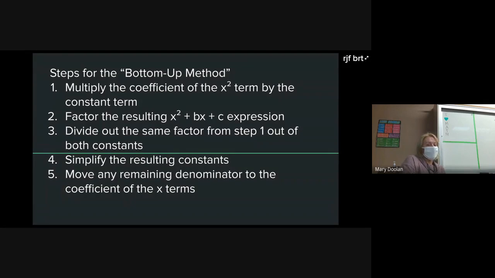It's important that you then simplify those constants on both binomials. And then because of its name, the bottom-up method, the last step is to move any remaining denominator from the bottom up to in front of the x term. Okay, so that's what she was doing in the videos, and we're going to do that too.